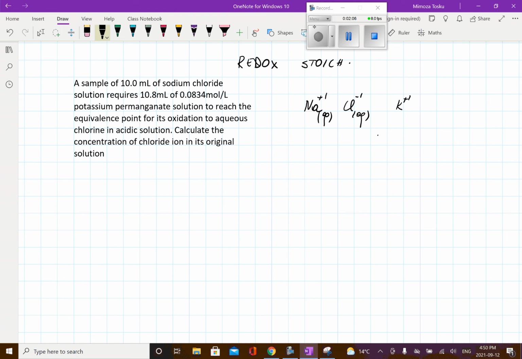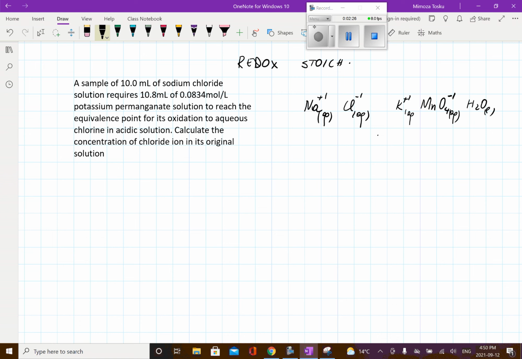When it is in water it is dissociated into its ions, and then permanganate, MnO4, which is 1-, and then the solvent is water, liquid.